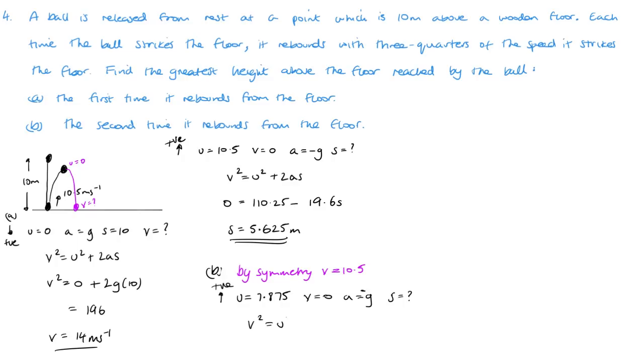So V squared equals U squared plus 2AS, just going up to here. So V squared is 0, U squared is 7.875 squared, minus 19.6S.